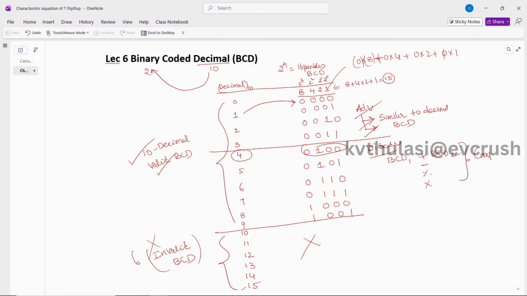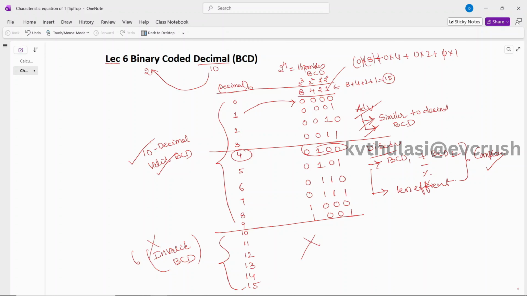This is the main drawback. We have different methods to perform addition, subtraction, division and multiplication of BCD, which is a complex task. And moreover, BCD is much less efficient compared to the binary system.